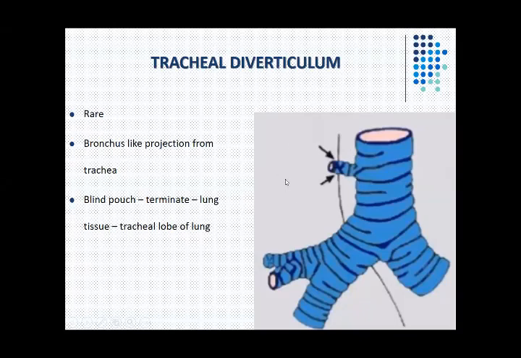So it ends in normal lung tissue. ये bronchus like pouch है, blind pouch है, and this is surrounded by lung tissue. इसको since it arises from the trachea, तो वो जो lung tissue जो surround कर रहा है इस bronchi को, that is called tracheal lobe of the lung. Tracheal lobe of the lung.